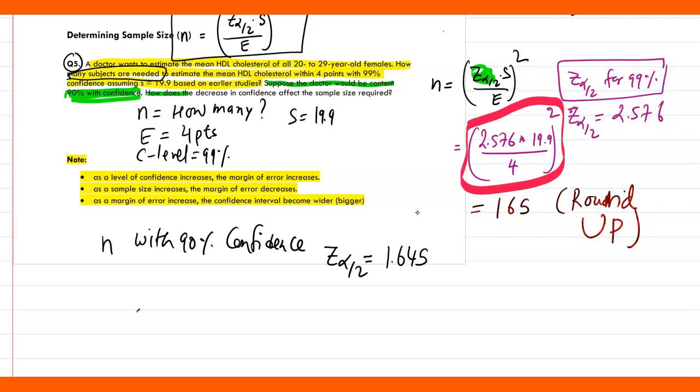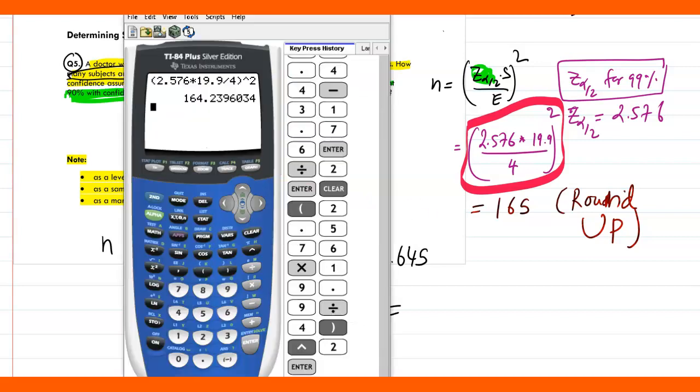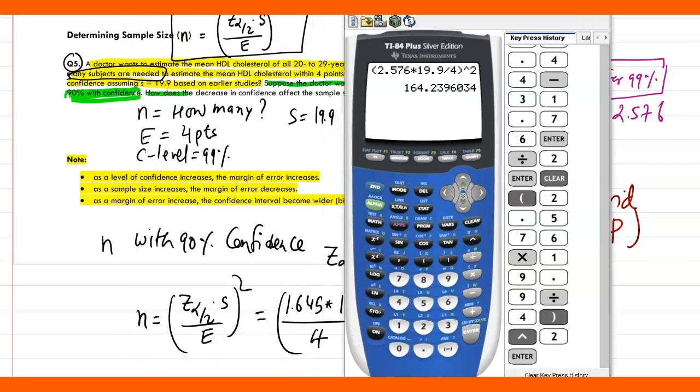Let's use that in the formula. n equals z alpha over 2 times s divided by e, to the power of 2. We get 1.645 times s, which is 19.9, divided by 4 points, and square of that. Let's use the calculator exactly the same way we did before.